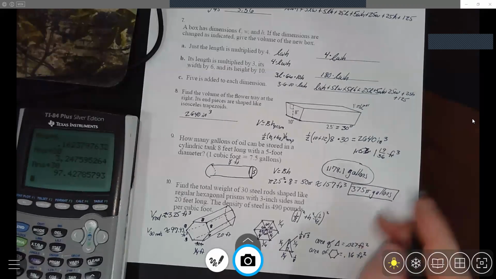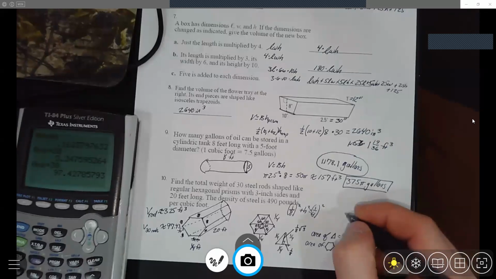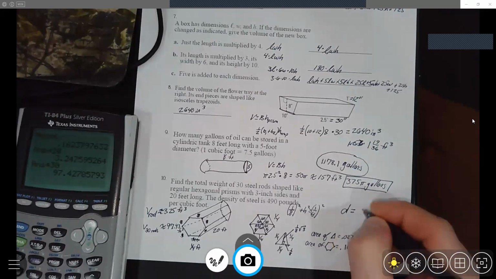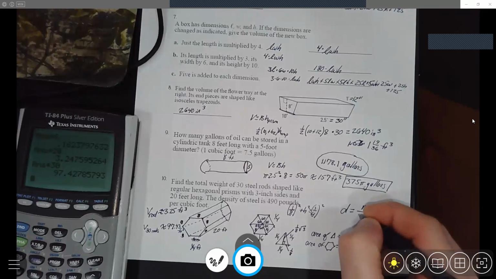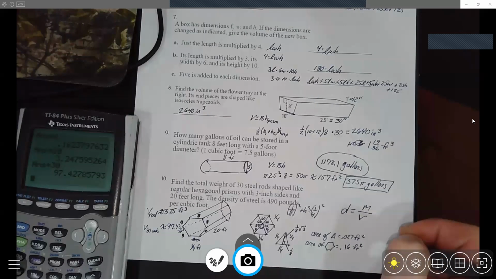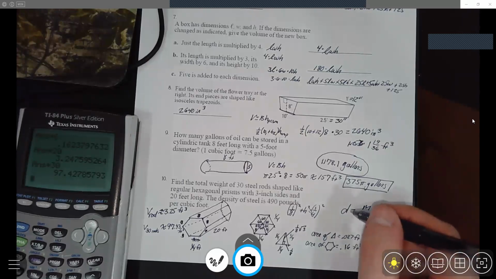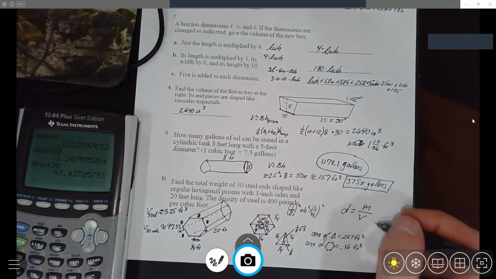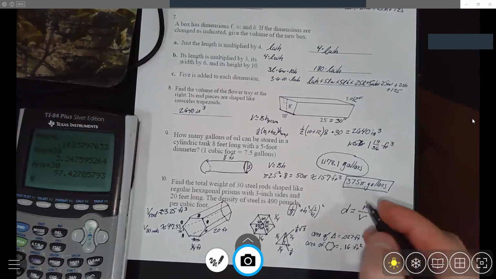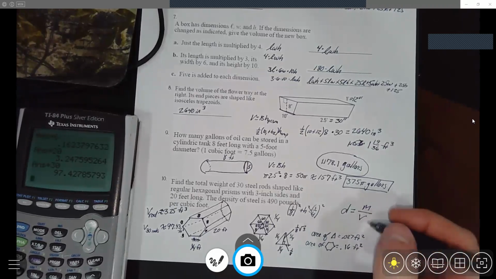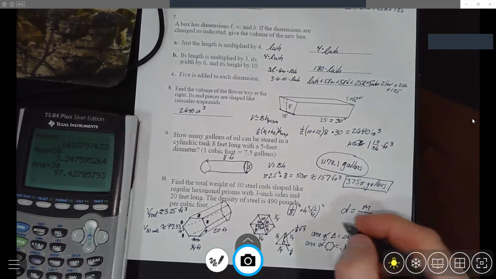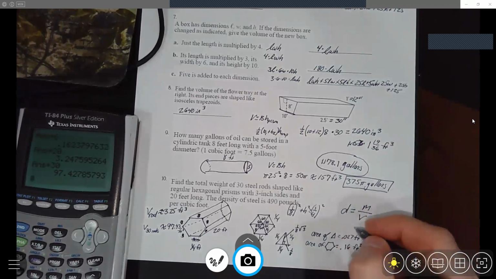And you probably remember from physical science that density is equal to mass over volume. So the density of steel is 490 pounds per cubic foot. And we're trying to find the total weight. So that's mass.